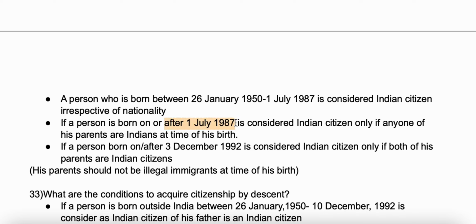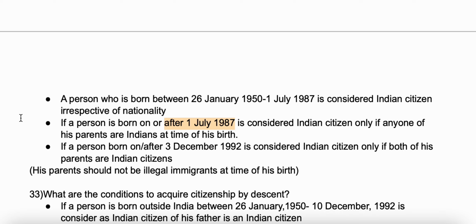Okay. Now, after July 1987, if I am born in India and any one of my parents is an Indian, if my mother or father is an Indian, then I will be considered an Indian citizen.